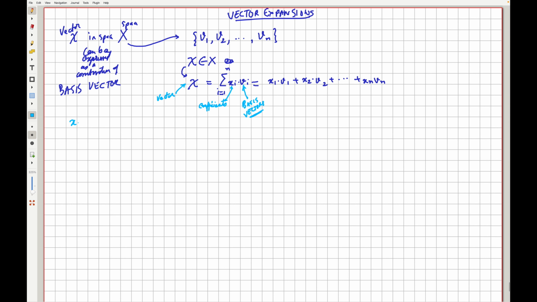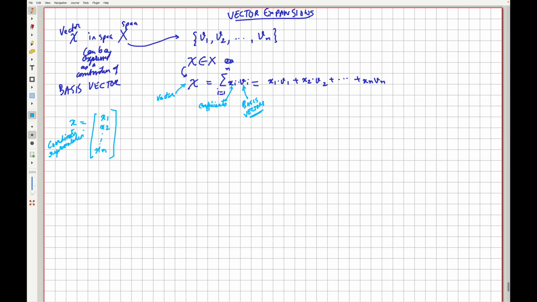We know that when we talk about vector x, we usually think about a column vector x1, x2, all the way up to xn, and this can be said to be the coordinate representation.